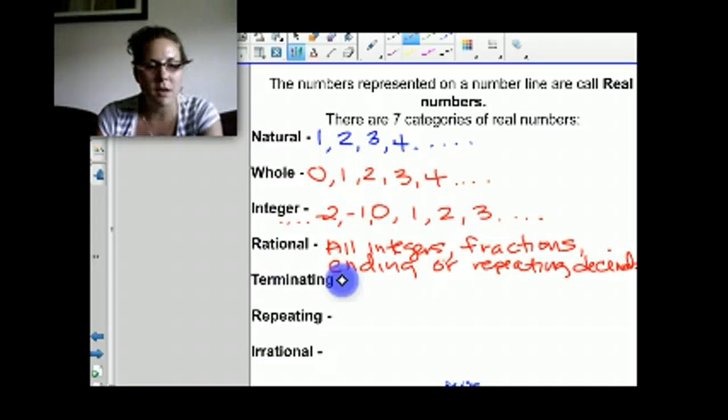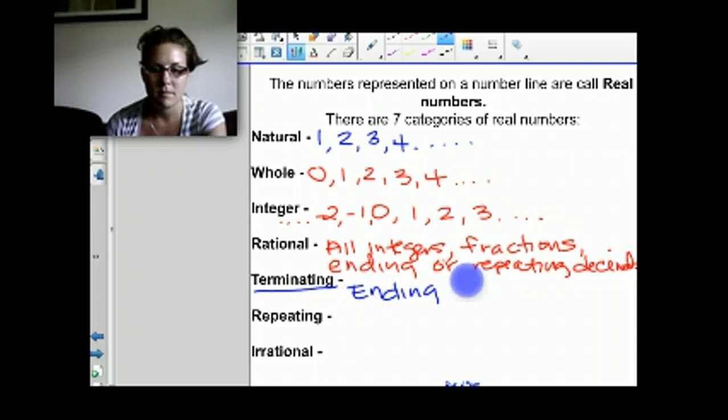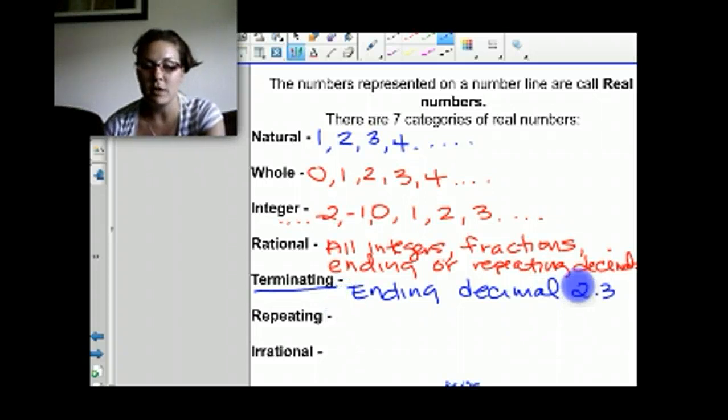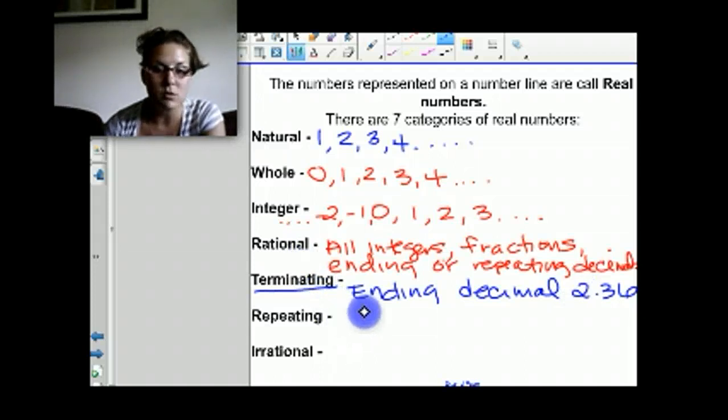Terminating is a subset of the rational. When you hear the word terminating decimal, that means an ending decimal, which is a rational number. An example of this might be 2.36, something that just ends. A repeating decimal, like 1/3, goes on forever.